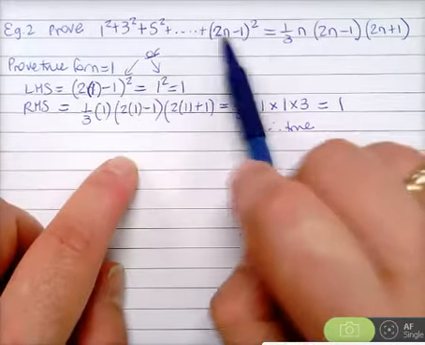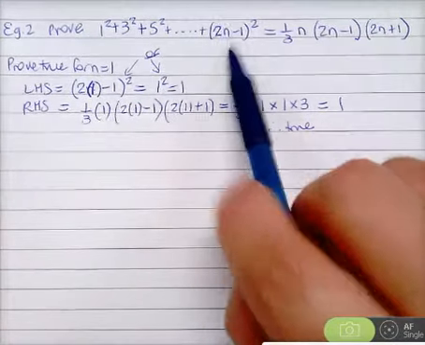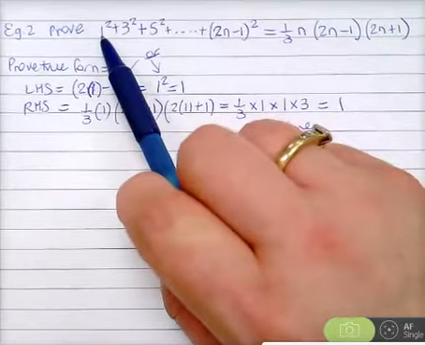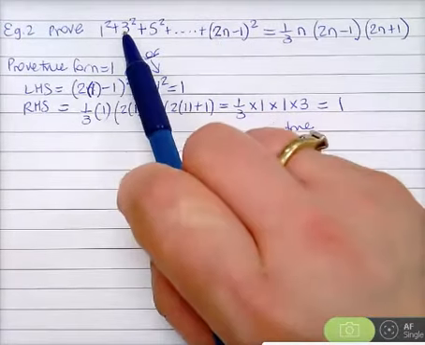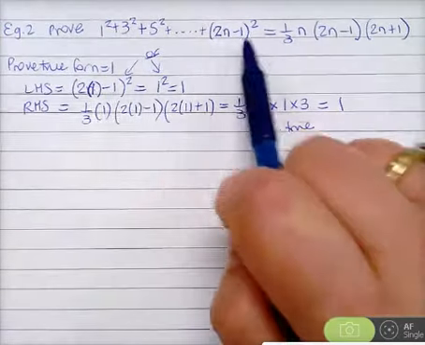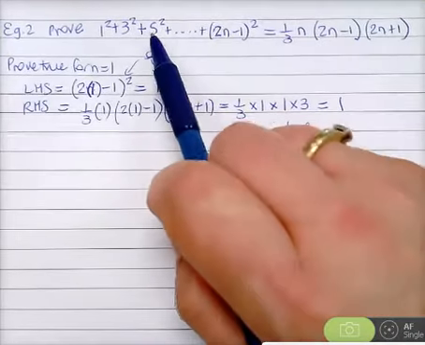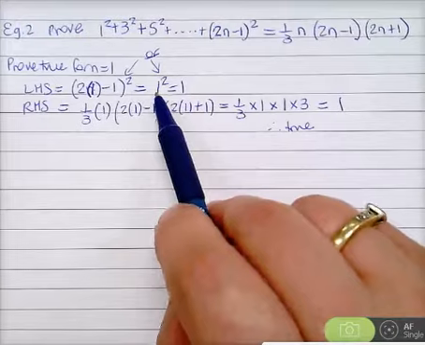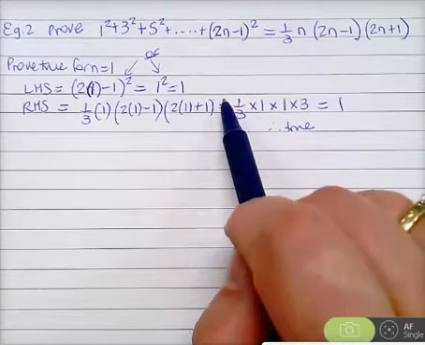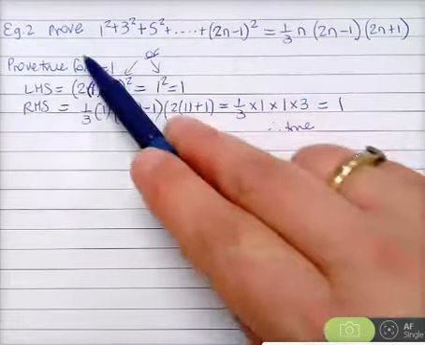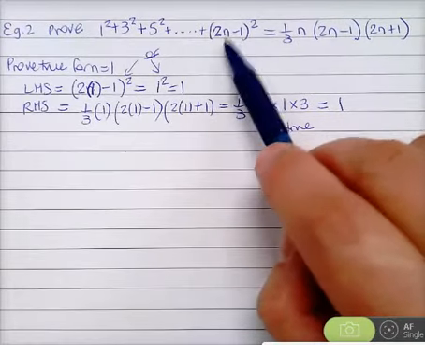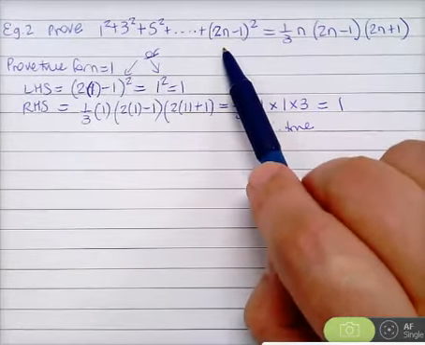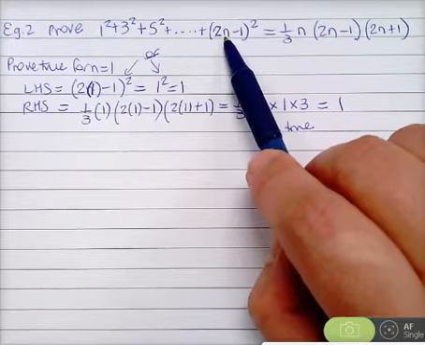That's the general term. Using this and putting n is 1 should give you that. If you put n is 2 here, you should get that. If you put n is 3 here, you should get that. Girls, for the left-hand side, I'm happy for you just to write 1 squared. But you really are substituting for n is 1, so you should put it into the general formula. That's the general formula for each of the terms.